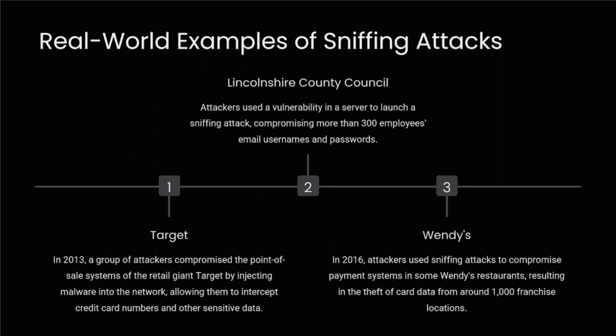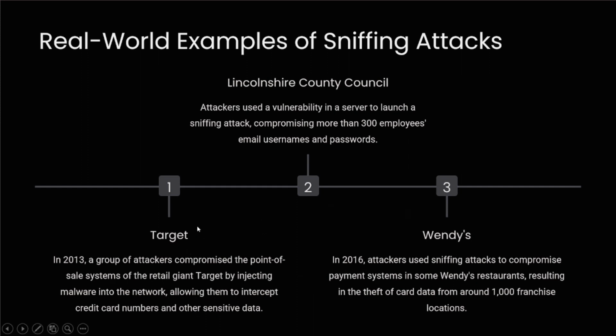Now, there are some real-world examples of sniffing attacks. One was done on a county council, and they were able to compromise the email data of 300 employees. And there was another where a group of attackers targeted the point-of-sale system of retail giant Target by injecting malware into the network, allowing them to intercept credit card numbers and other sensitive data.